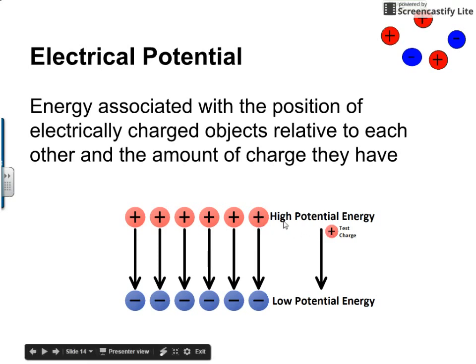They repel. So the closer you bring this positive charge to those other positive charges, the more potential energy you have. As you get that positive charge further away from the other positive charges, you're going to have low potential energy because it wants to go to that negative charge. So the closer it gets to where it wants to be, the lower your potential energy.